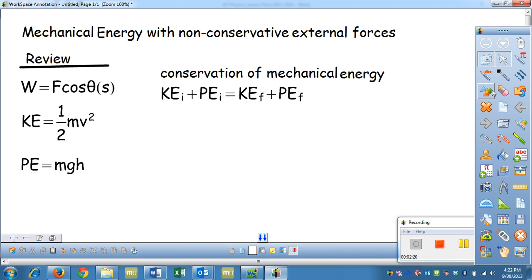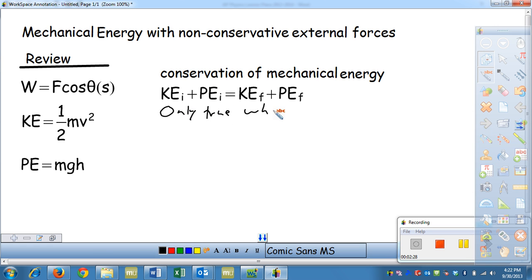But this is only true when there are no external non-conservative forces.